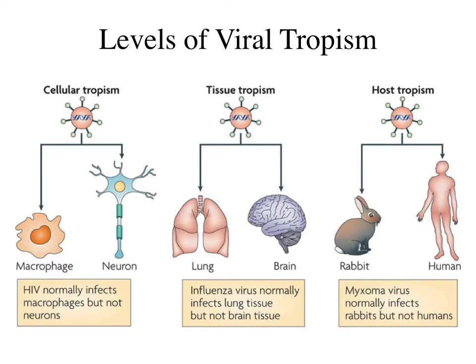And you can see some of the examples here. So HIV normally infects macrophages but not neurons. Influenza normally infects lung tissue but not brain tissue. And myxoma virus normally infects rabbits but not humans. So those are some examples of these different levels of tropism that we can see.